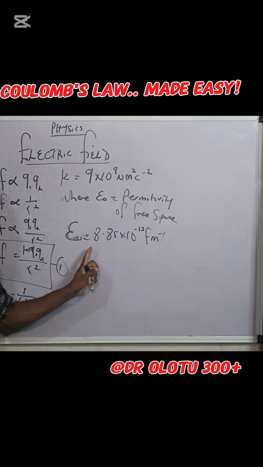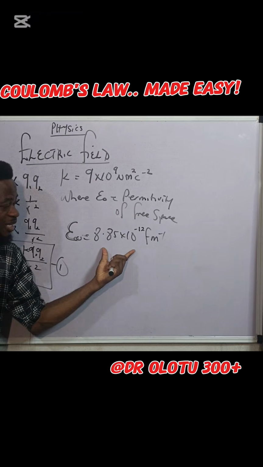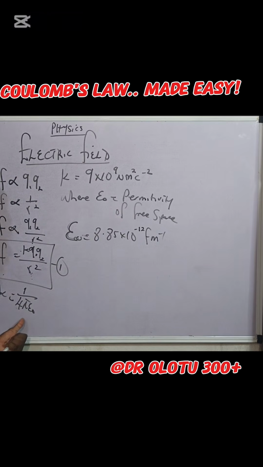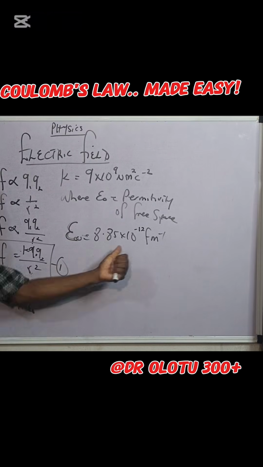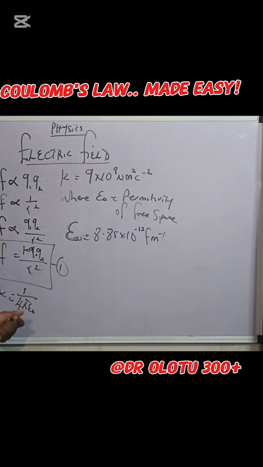If I place this value here, 8.85 exponential minus 12 F m minus 1, and pi is a constant, 3.142, then 1 over 4 times 3.142 times this value will give us 9 exponential 9. That was how this value was got, 9 exponential 9.